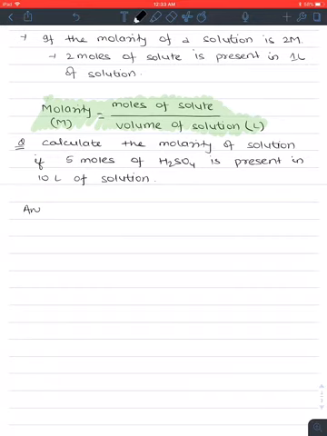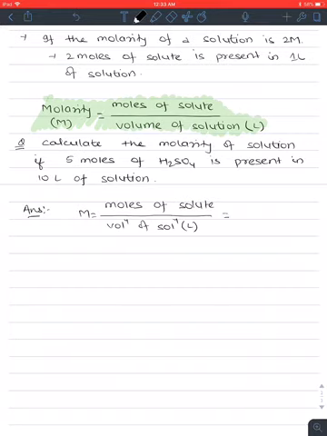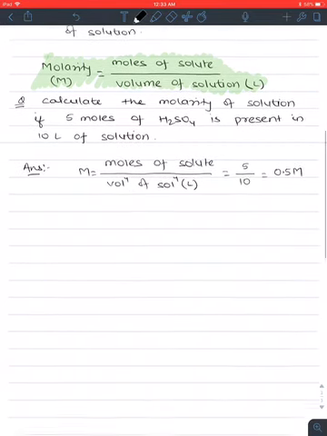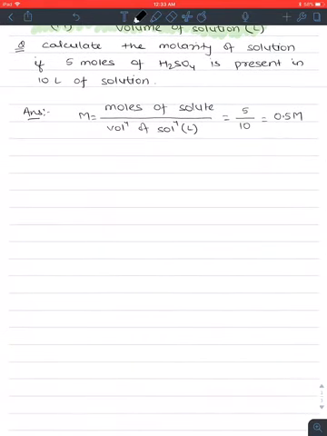Let's see the answer. We know molarity is moles of solute divided by volume of solution in liters. They have given moles of H2SO4 as 5, because H2SO4 is the solute in this case, and volume of solution is 10. So the molarity of this solution is 0.5 M. Understood? This was a very simple problem.